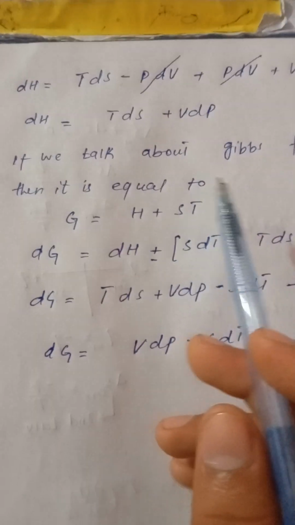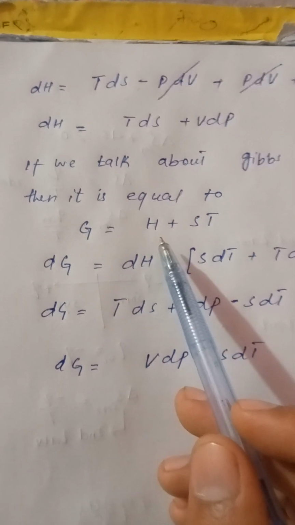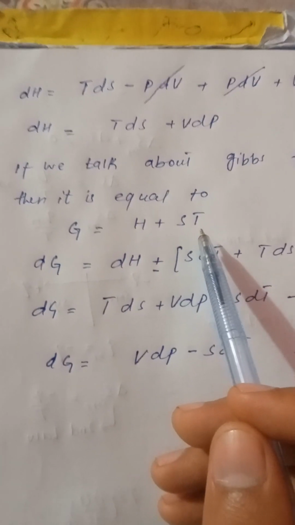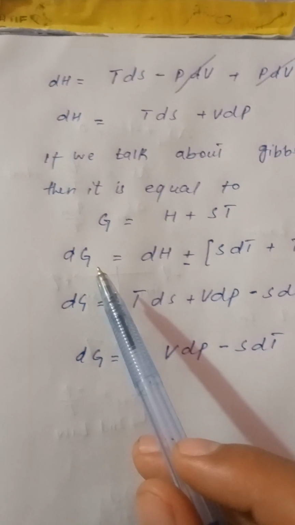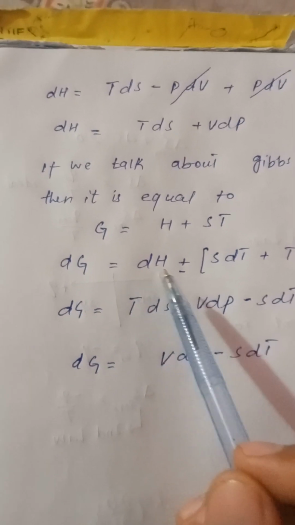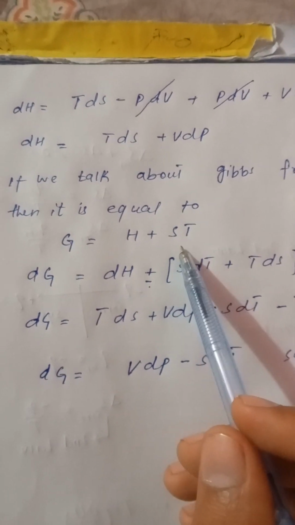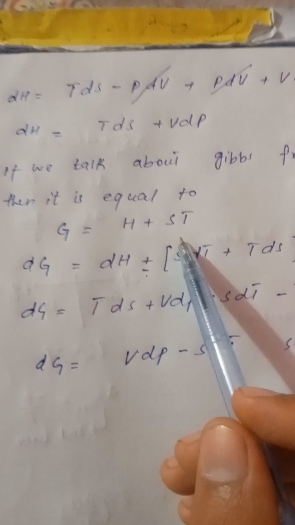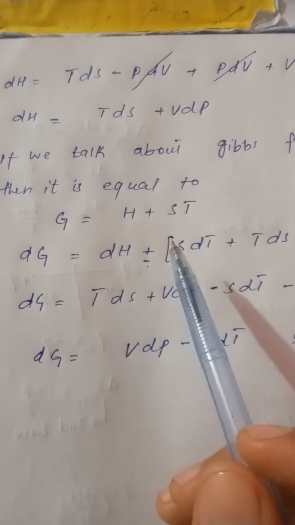And if we talk about the Gibbs free energy, the Gibbs free energy is equal to the enthalpy of the system minus the product of temperature and entropy of the system. If we apply the change in Gibbs free energy, dG, it is the change in enthalpy minus the change in TS, where we also apply the product rule of the derivative. What is the product rule?